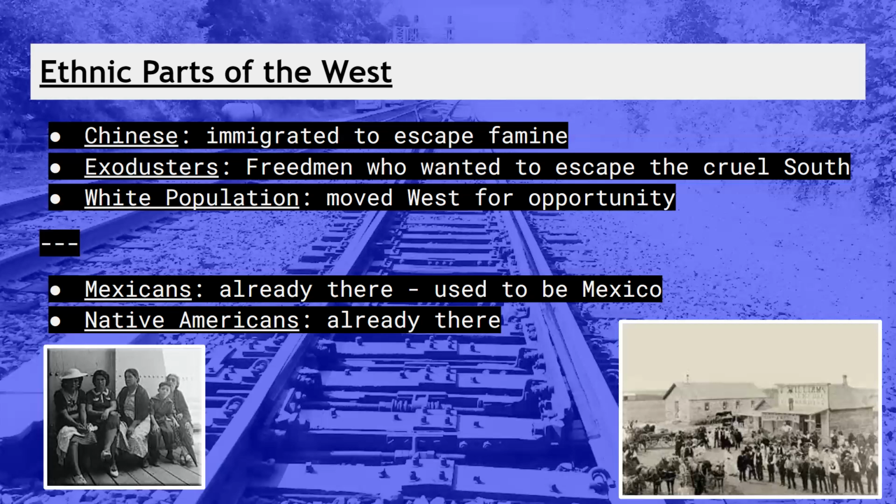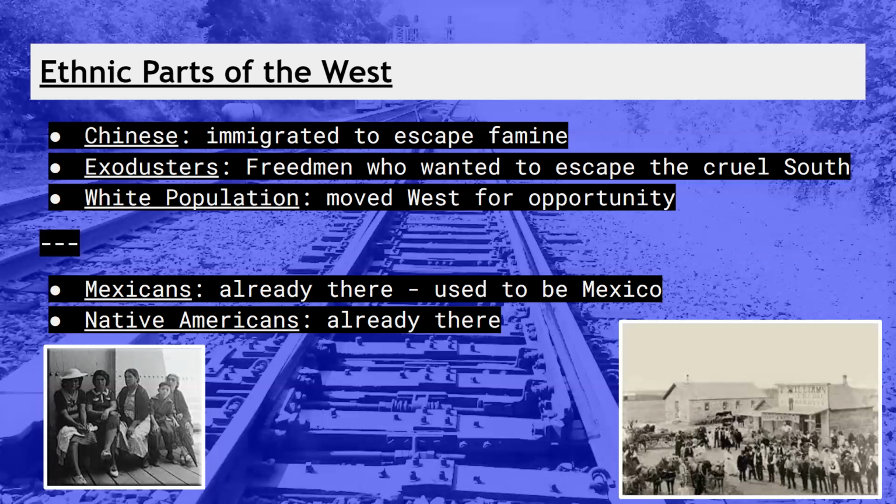And then Mexicans and Native Americans, I put them separate because in many cases they were already there. Mexicans were already there, and from the Mexican cession and Texas annexation, all that stuff that happened in the earlier 1800s, there wasn't a lot of information spread.